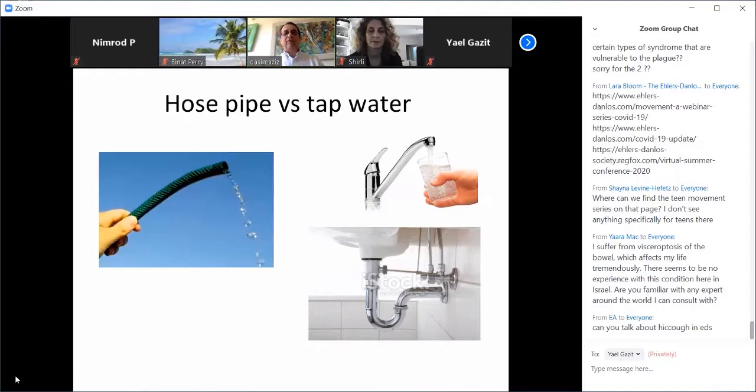Compare that to one of these old-fashioned hose pipes. Even though water will gush out from there as well, it'll be a trickle compared to the speed at which the water comes out from your tap. It'll be slower, and that's because as the water flows, the pipe will expand because it's more elastic and stretchy, and therefore the force of flow in that pipe will reduce.